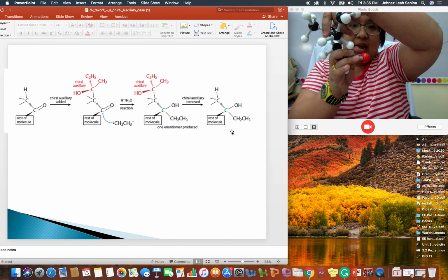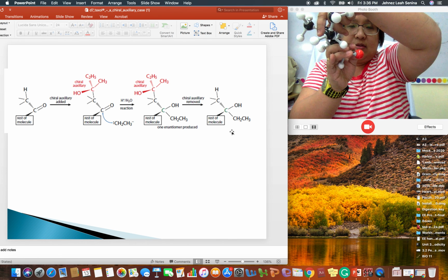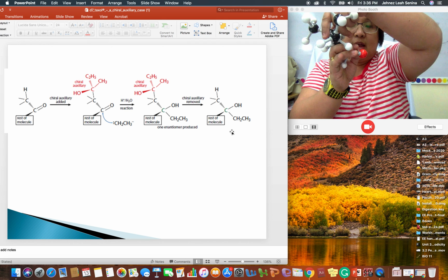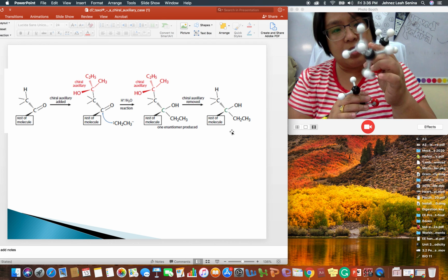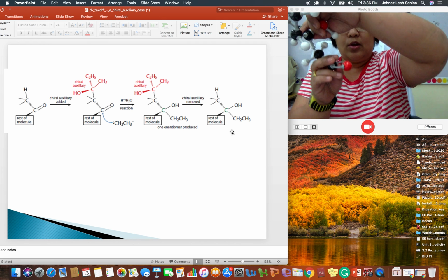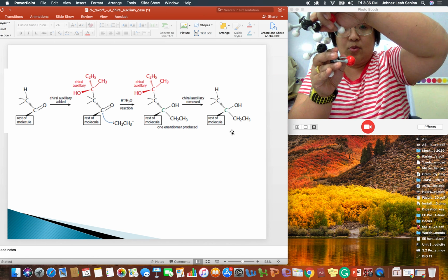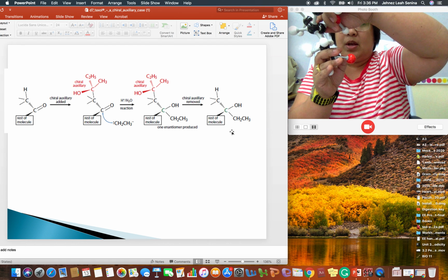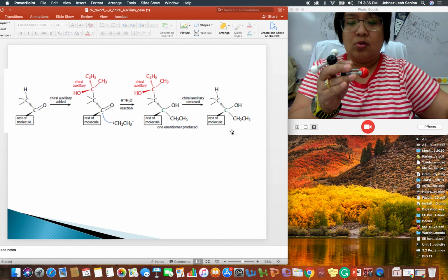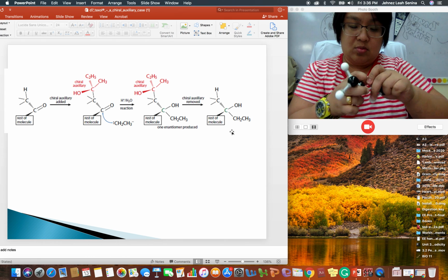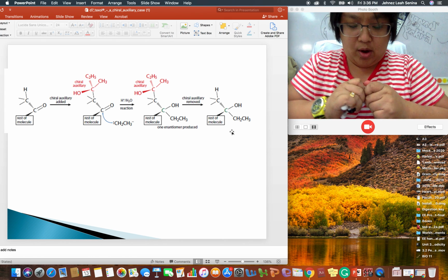So I always add on the back side, if you may. So adding a chiral auxiliary limits where you can put an additional molecule. And because of that, you produce the enantiomer that you want.